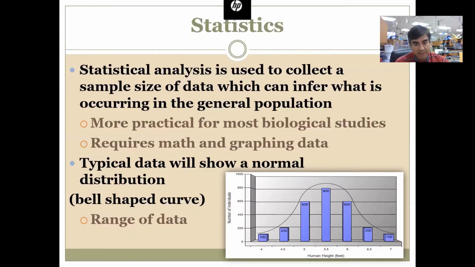Now, when we study a lot of different types of data sets, a lot of different populations, or just general data, we usually see what we call a normal distribution, or a bell-shaped curve range of our data. Guys, a good example of this is when I give you exam data. A lot of the exam data that I give you for most classes usually shows a normal distribution, a bell-shaped curve, which looks like this, where let's say for an exam, the average is about an 80.